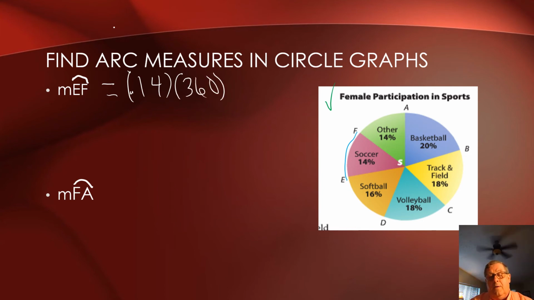And so again, I'm going to grab my calculator. And 0.14 times 360 gives me 50.4. So the measure of arc EF is 50.4.